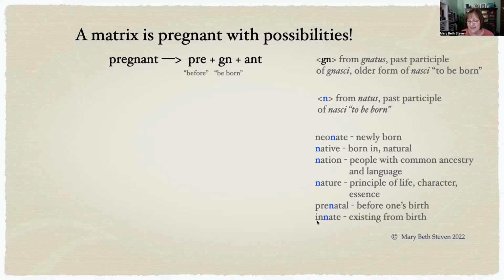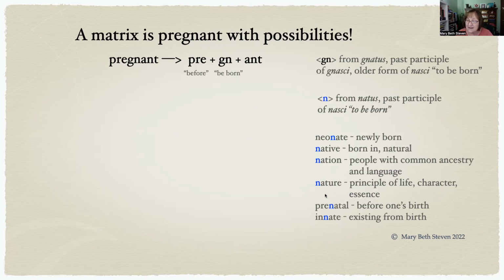So prefix IN, base N, ATE suffix. Interesting, isn't it? And you can feel the sense that this N is a base. It's not just a letter, it's a base carrying meaning, having something to do with being born. If something is innate, it exists within you from the time you were born. If it's your nature to do something, it's part of who you are.